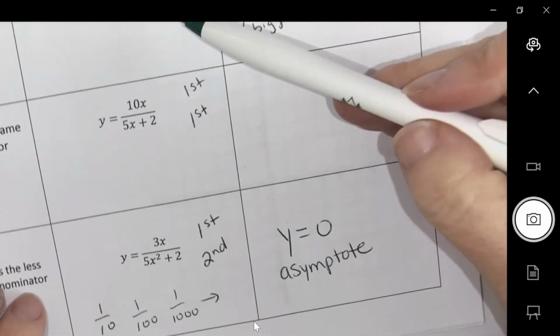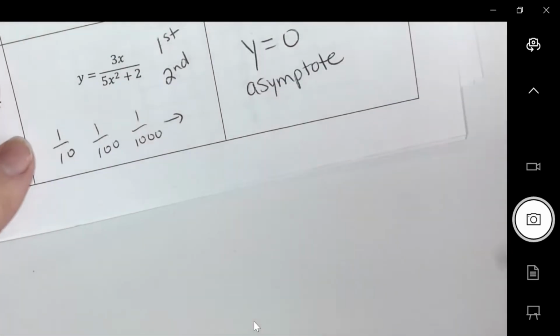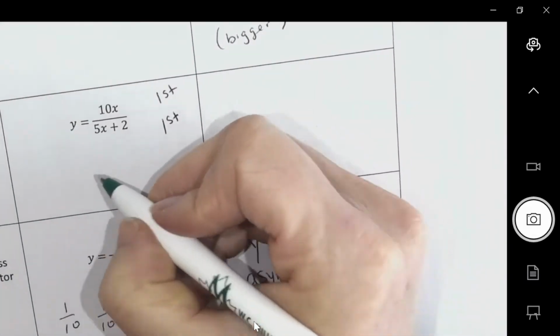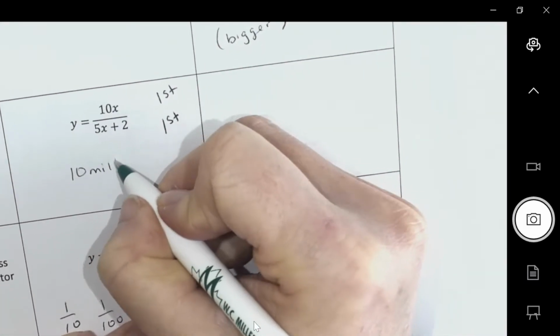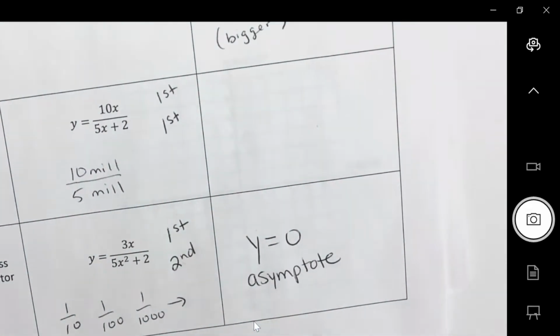Okay, obviously here, the top was at a faster pace than the bottom. Here, the bottom was at a faster pace than the top. These are changing at the same pace. So let's pretend I had 10 million divided by 5 million. They're both the same.